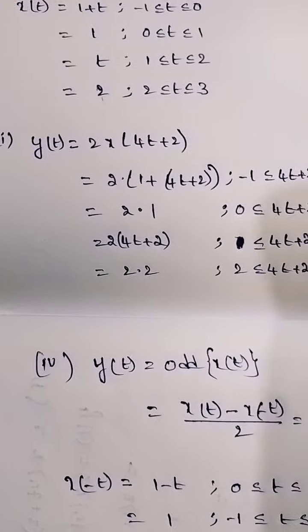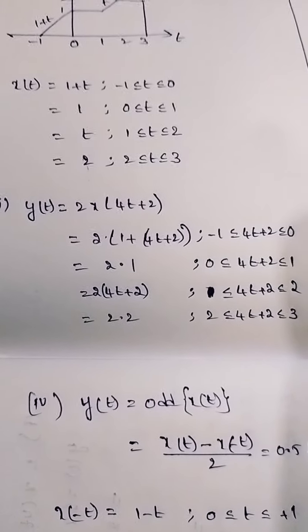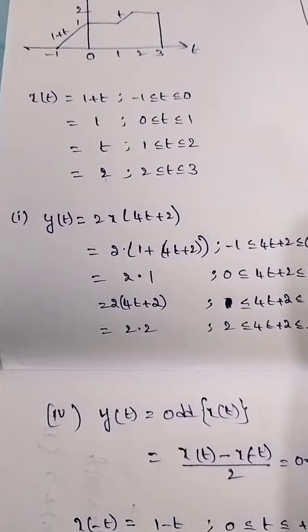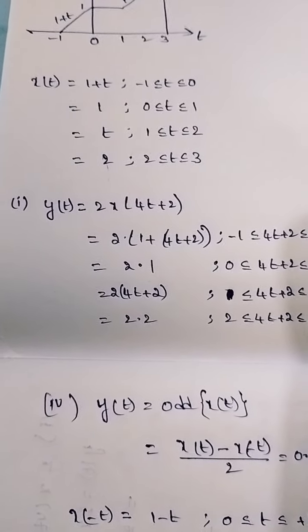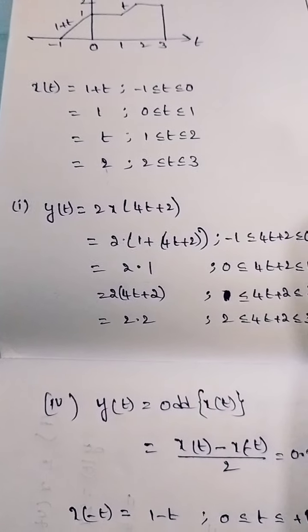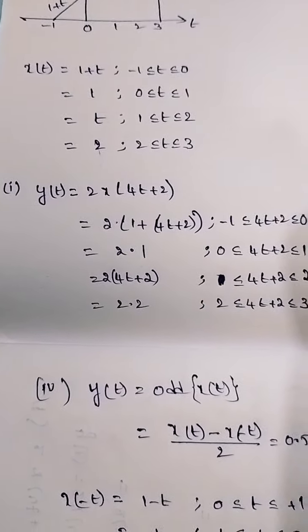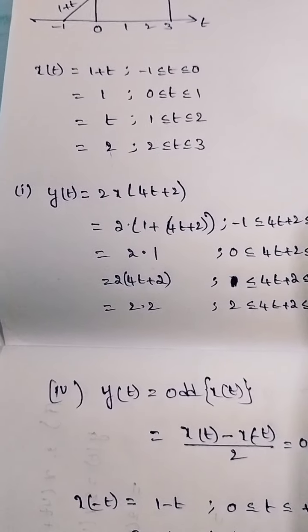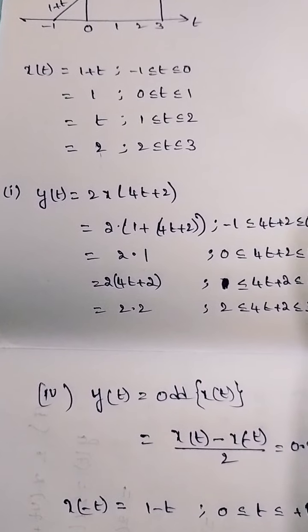to 2 into x of 4t plus 2. To do this, in the place of t, substitute 4t plus 2, and also multiply x of t with the constant 2. So y of t is equal to 2 into, I am placing the x of t amplitude values here.